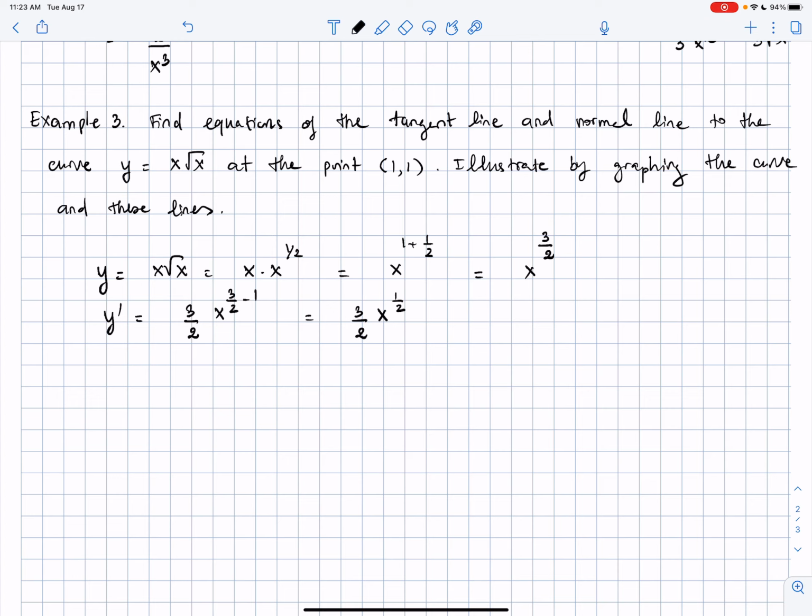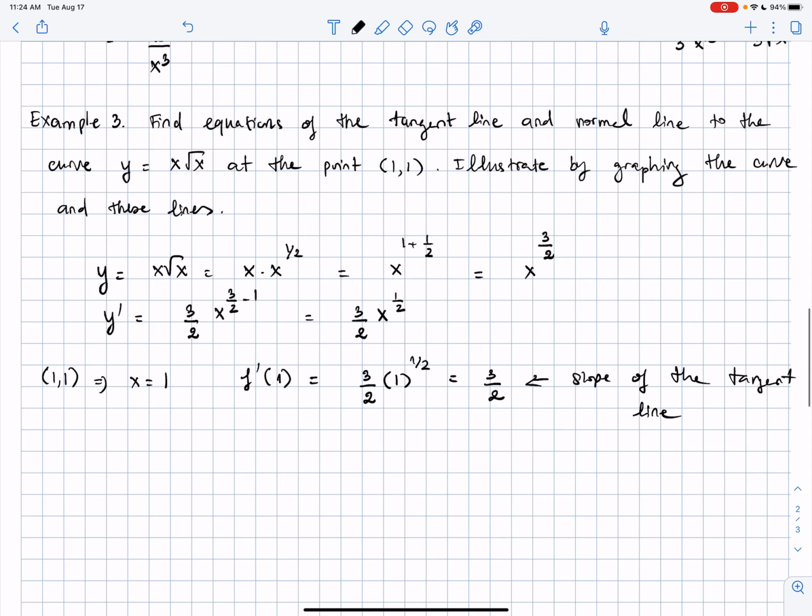So at the point 1, 1, that means x equals 1. Then the first derivative at x equals 1, which is the slope of the tangent line, is 3 over 2 times 1 to the 1/2. And we got the answer is 3 over 2. So we explain this one is the slope of the tangent line.